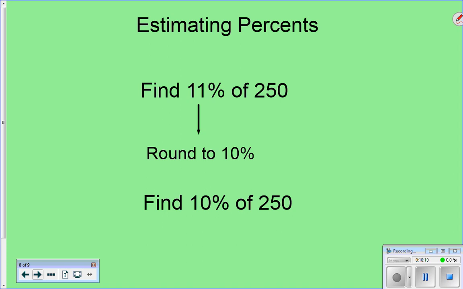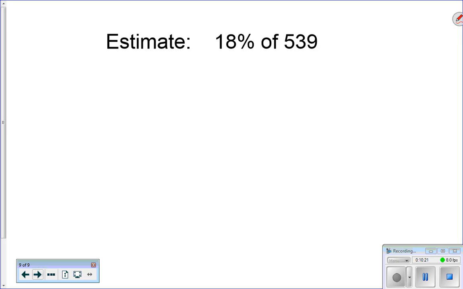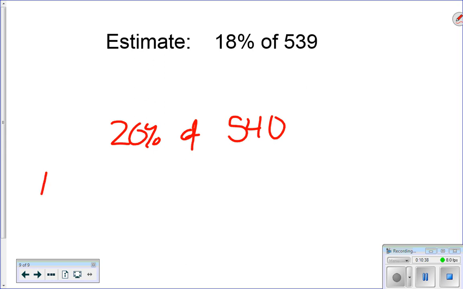So let's say I have something like this. 18% of 539. Let's round both of them to make them easy. Okay, so 20% of 540. Yep, I'm fine with that. So then, go find what 10% is, because what's 10%? 54.